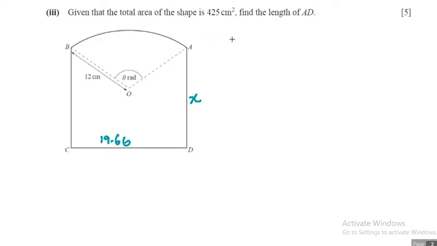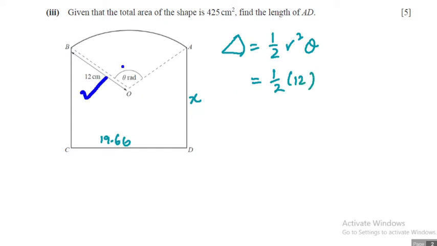So I will get the area of the sector first, which is half r squared theta. This is 5 marks here, but everything is there already, you just need to put them together. Half, radius is 12, that's the radius, 12 squared. Theta is 1.92 just now, isn't it?